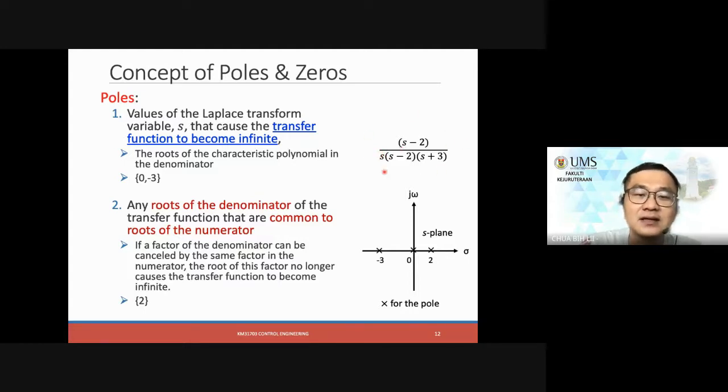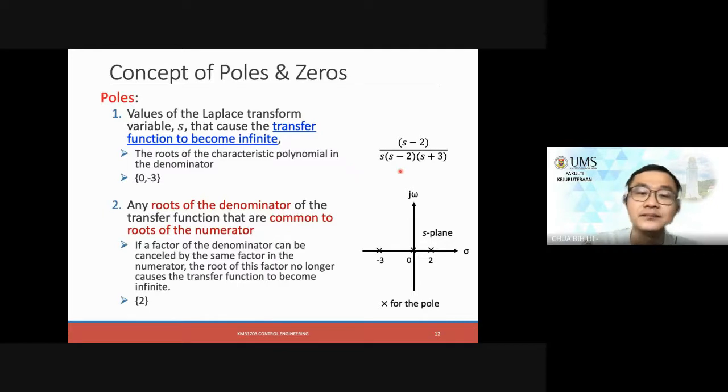If you put negative 3, negative 3 plus 3 is 0, so negative 3 will turn the whole transfer function infinite. All of these we call poles. So for a transfer function, we usually form it in this way so that we can easily identify the poles.